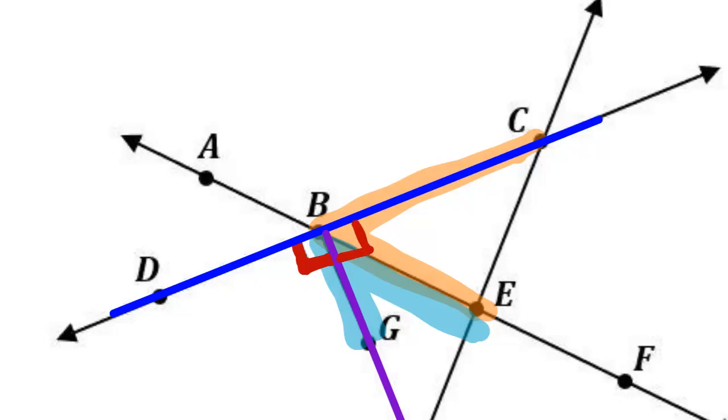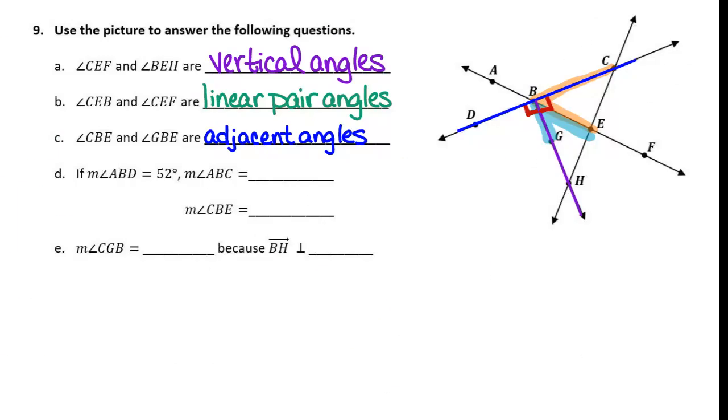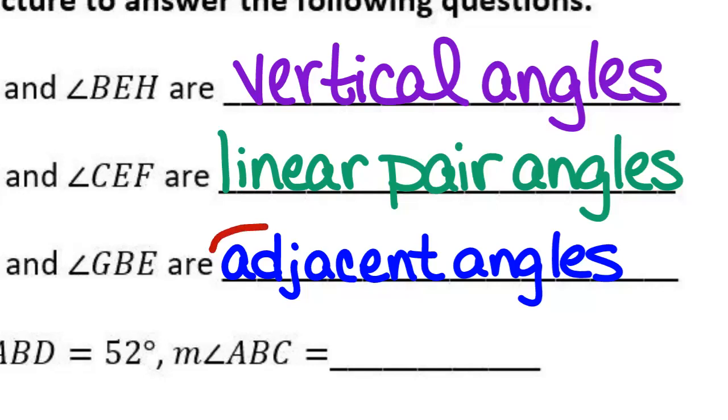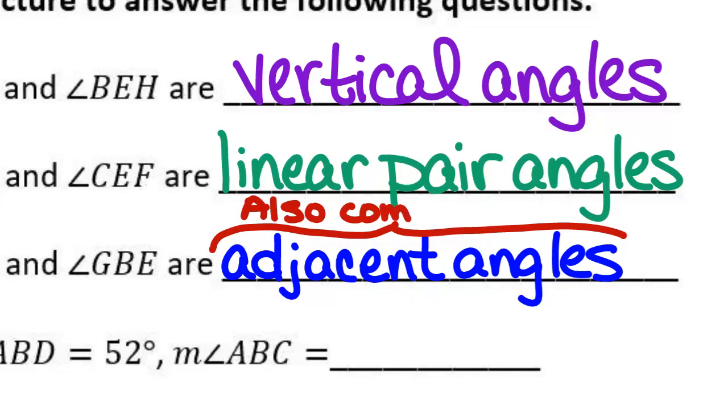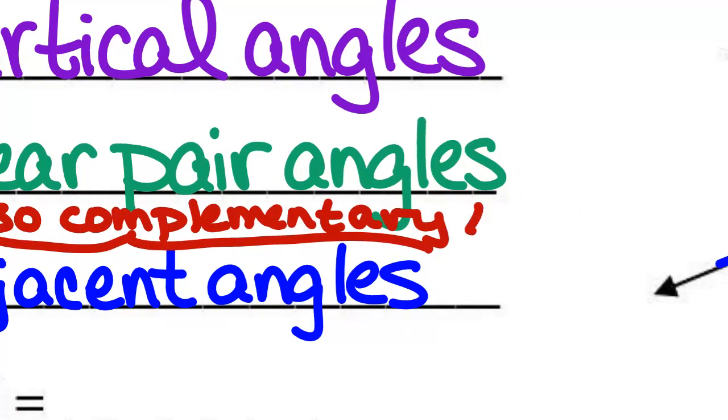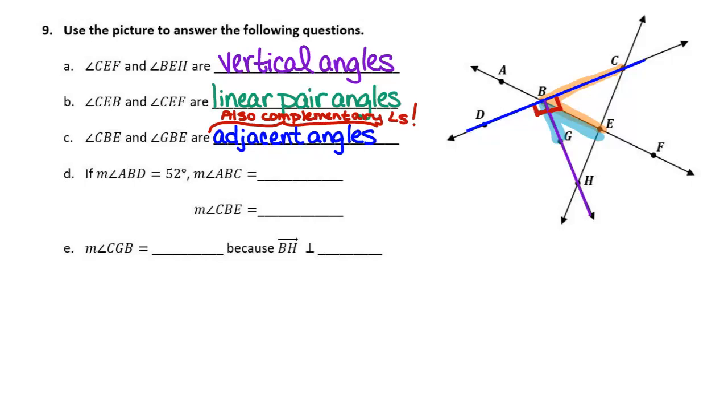They would also make a right angle. What do we call two angles that make a right angle together? Complementary. So these are also complementary. Adjacent angles aren't always complementary, but this pair is.